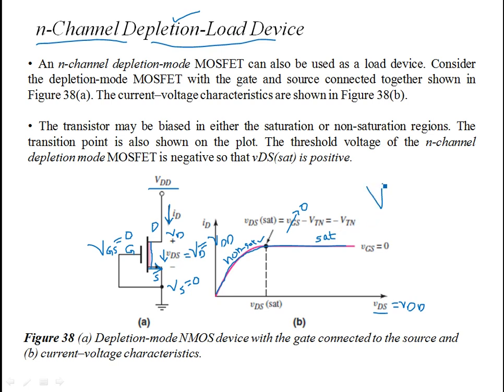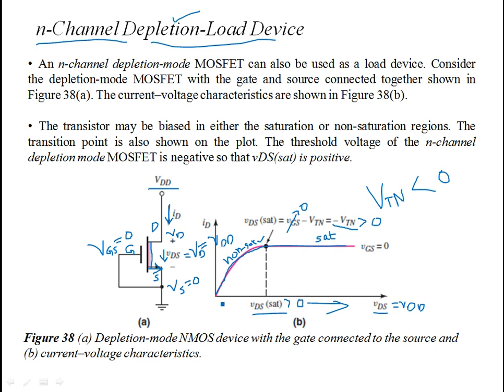VTN is the threshold voltage for the NMOS depletion type device. The difference between depletion type and enhancement type NMOS is that for enhancement type, the threshold voltage is positive. For depletion type, it is negative, so VTN is less than 0. This implies that negative of VTN is greater than 0, so VDS at the transition point is positive, greater than 0.